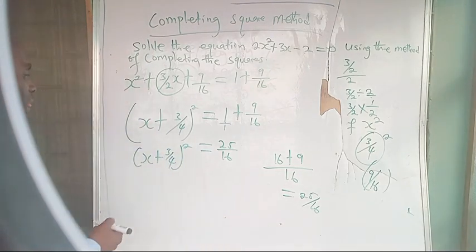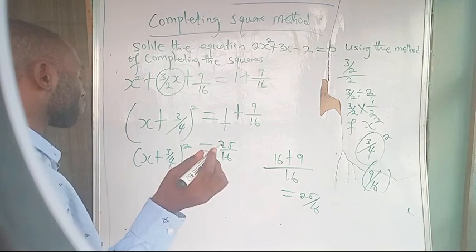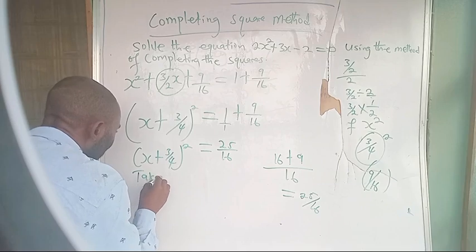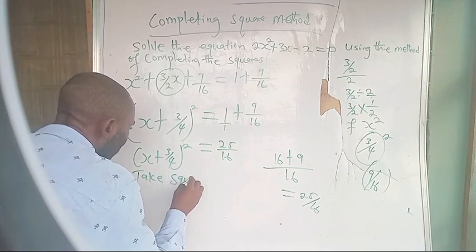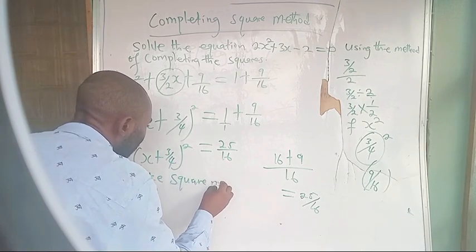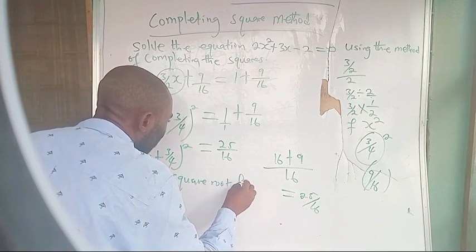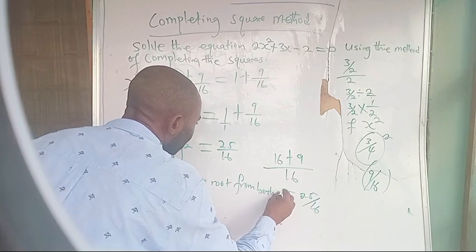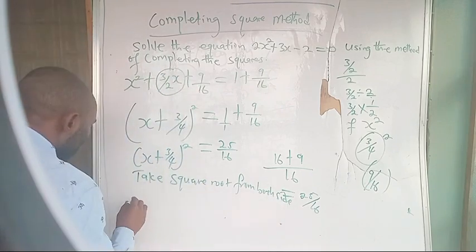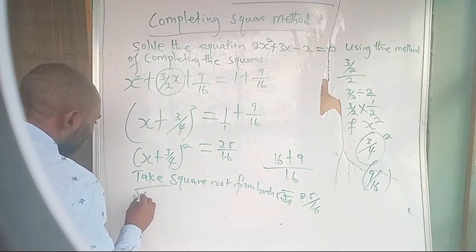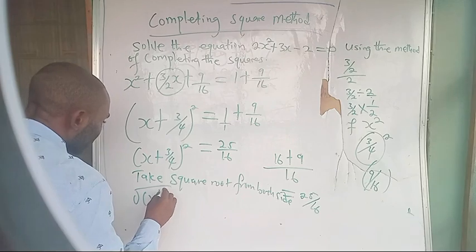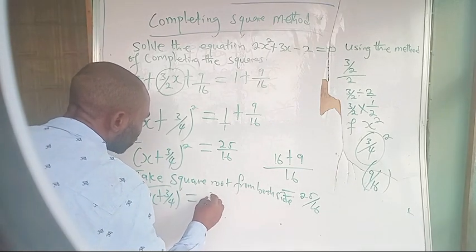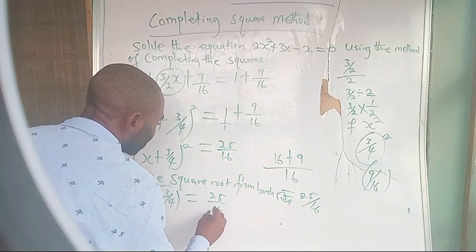Now we take the square root from both sides. Take square root from both sides. So the square root of x plus 3 all over 4 squared and 25 all over 16.